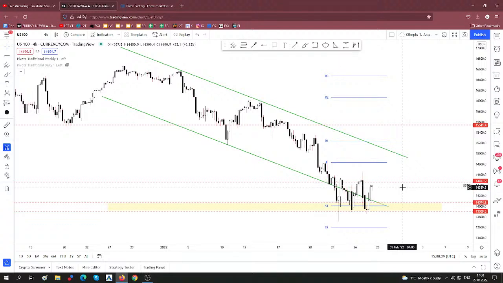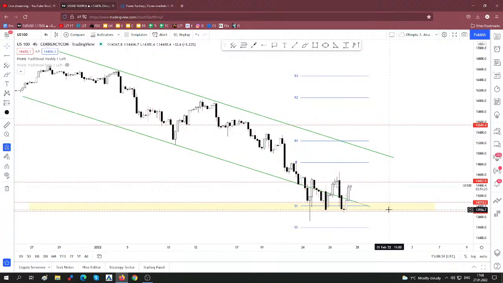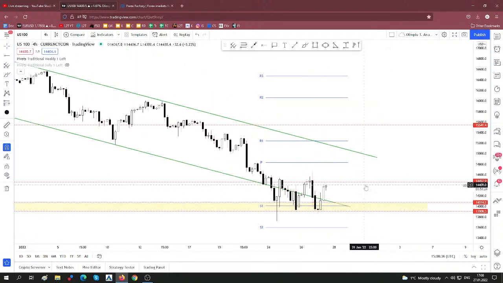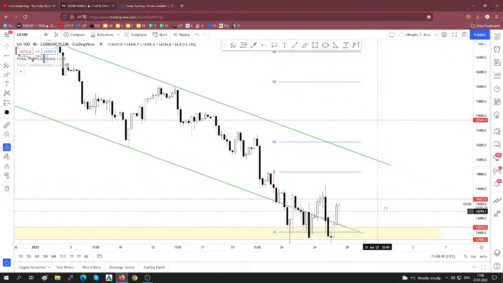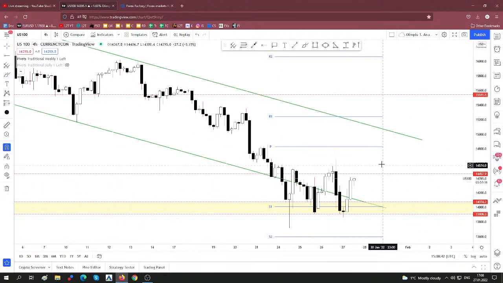And right now, guys, we have a static resistance here, 14,457.9. So something like a sideways movement right now in the short term, a range pattern.